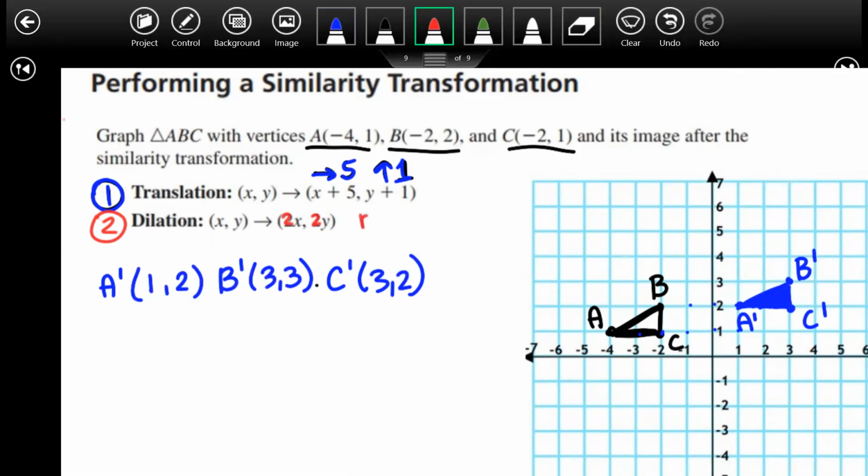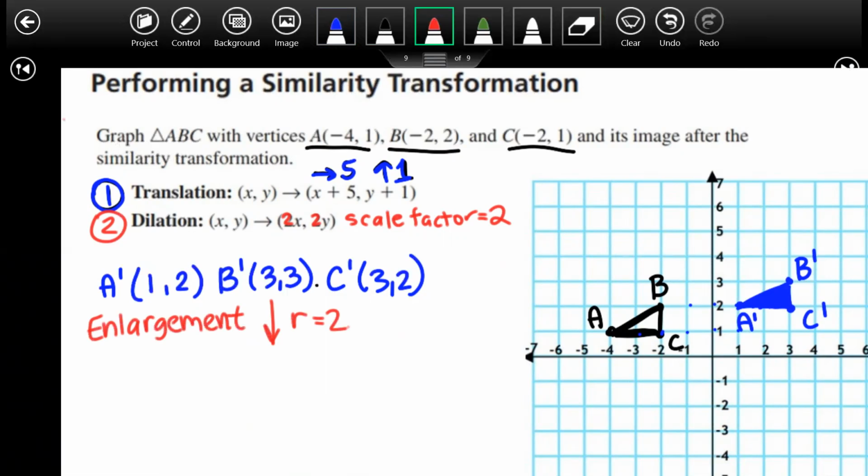So the scale factor is what? 2. Is this going to be an enlargement or a reduction? Enlargement. So we're going to put these right underneath here. This is going to be an enlargement with scale factor of 2.